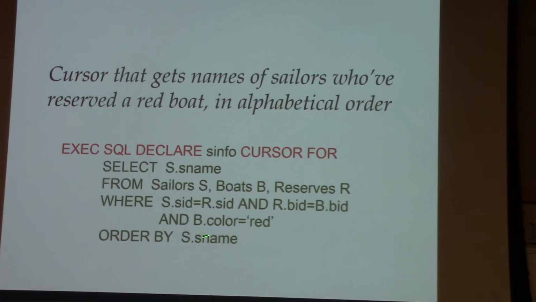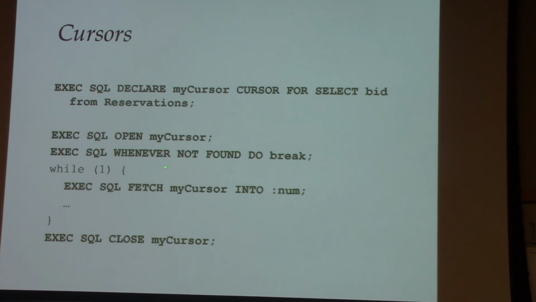So we can define the room, a temporary room. That room is called S-info. It's how to organize; it's a database structure. Select from where? S-name. Then from your query, you can fetch one by one. After the fetch, you can use the num in the host language, C programming.